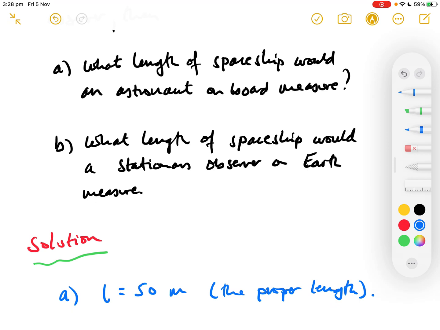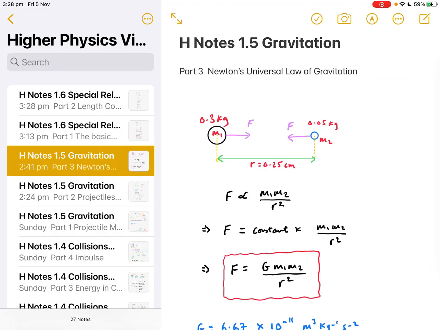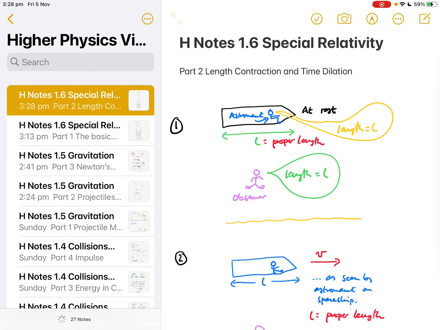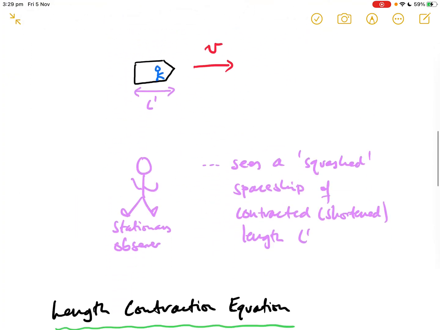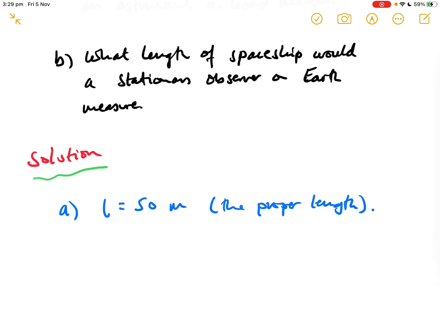And that's because if he took his measuring tape whilst on the spaceship to measure its length, the measuring tape would itself have contracted in length, and so he would still see the length as being the proper length of 50 meters.